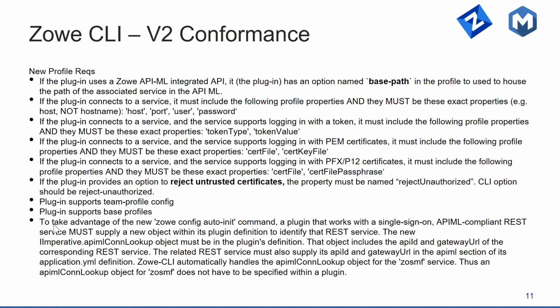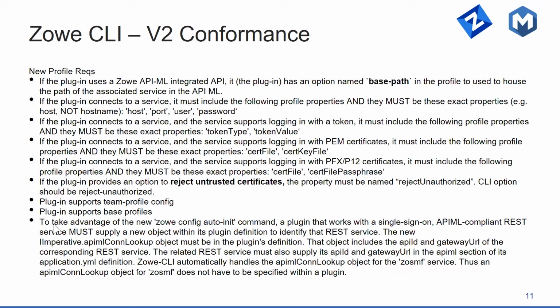The last here is to take advantage of the new Zowe config auto init command. A plugin that works with a single sign-on API ML compliant REST service must supply a new object in its plugin definition to identify that REST service. The new imperative API ML config lookup object must be in the plugin's definition.